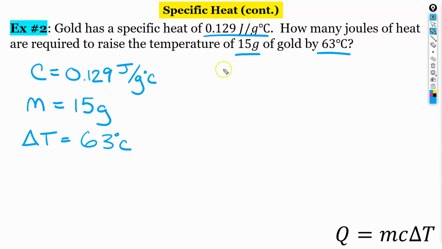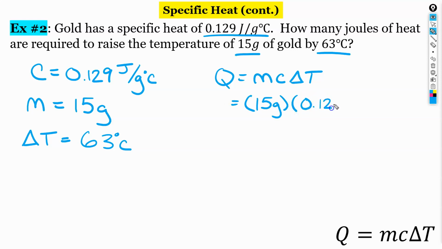And again, we're going to plug into our formula, Q equals MC delta T. So our mass is 15 grams. Our C value is 0.129 joules over grams degrees Celsius, and our change in temperature is 63 degrees Celsius.